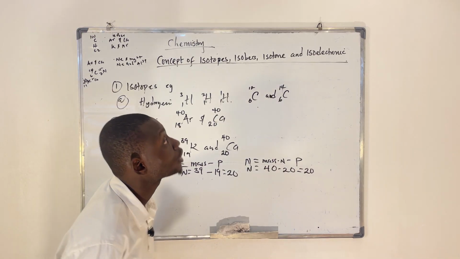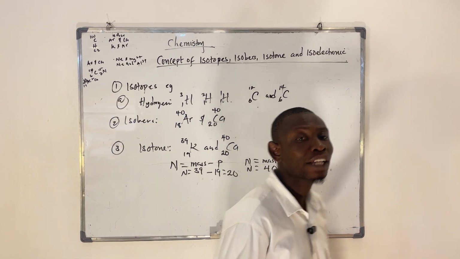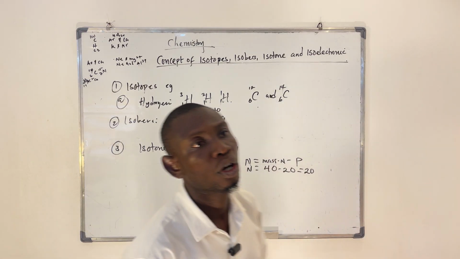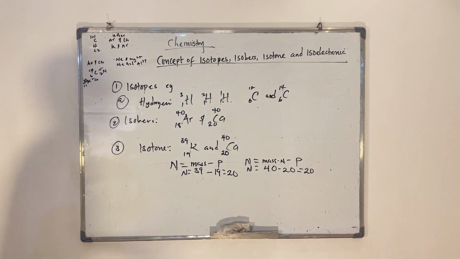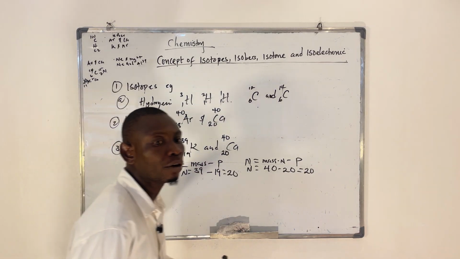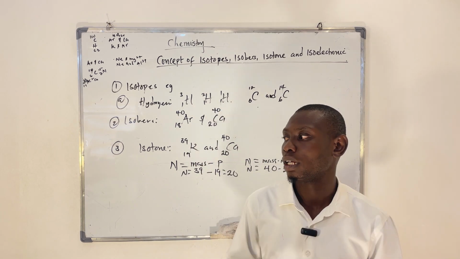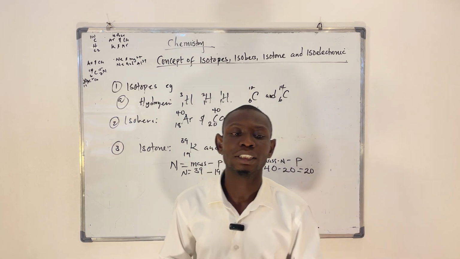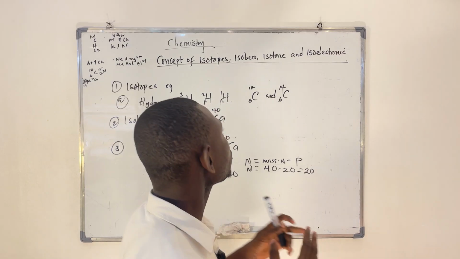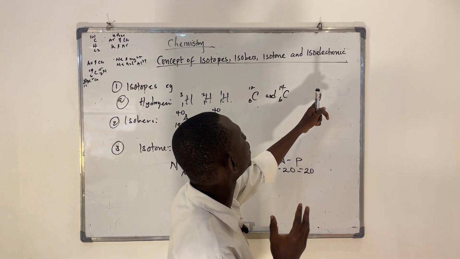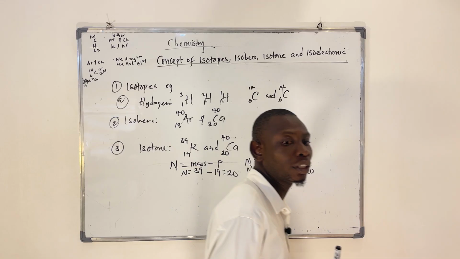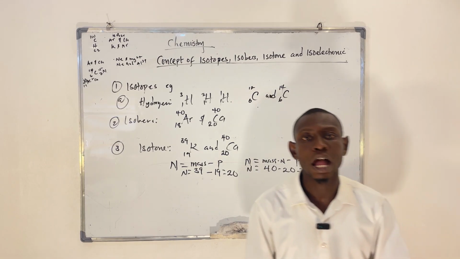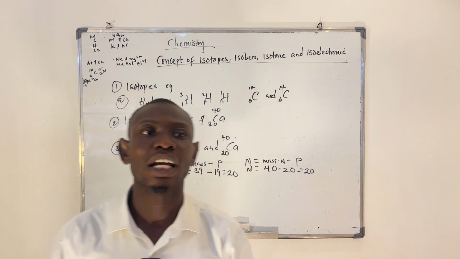Now let's move to the last one, which is isoelectronic. What is isoelectronic? Isoelectronic species are atoms of different elements having different mass number and also different atomic number.